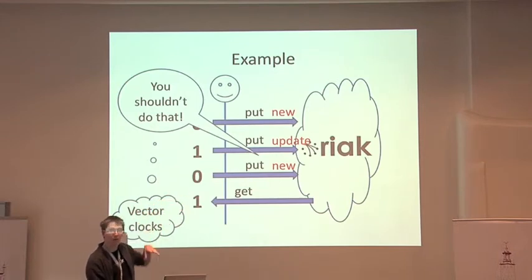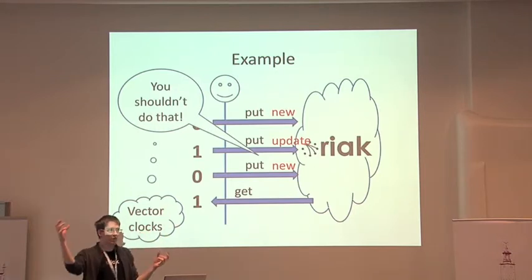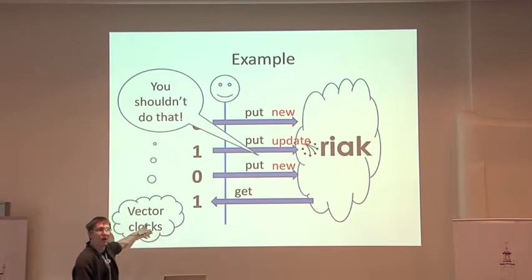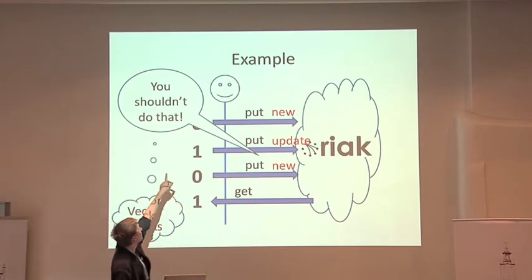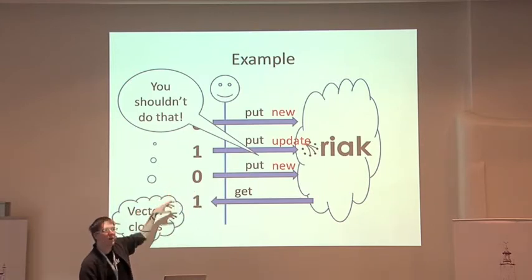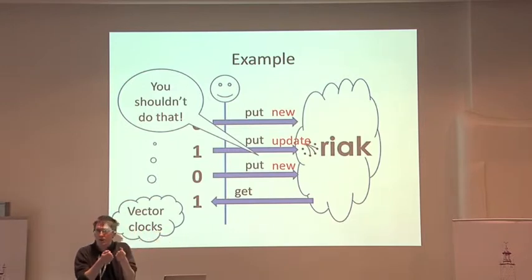Riak keeps track of which value is the most recent when you have lots of writes from different users is that there's a vector clock, which is pretty much just a sequence of numbers. And when we were doing this, the vector clock kept a counter for each user: how many times had that user touched a particular value? So in the first put here, the new one, the value you put in would have been touched 0 times by that user, or 1, I'm not sure.